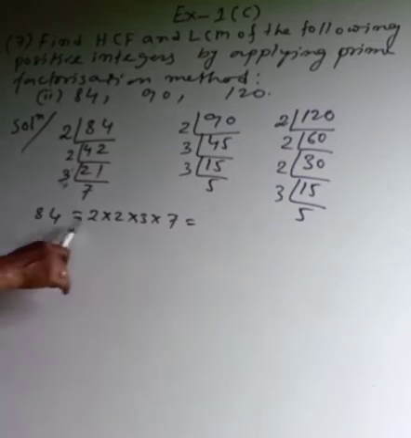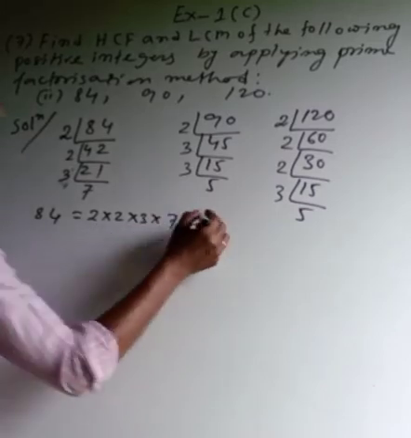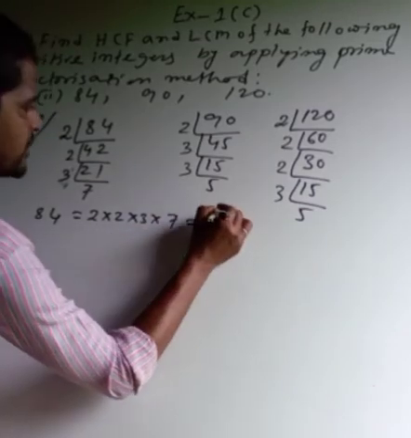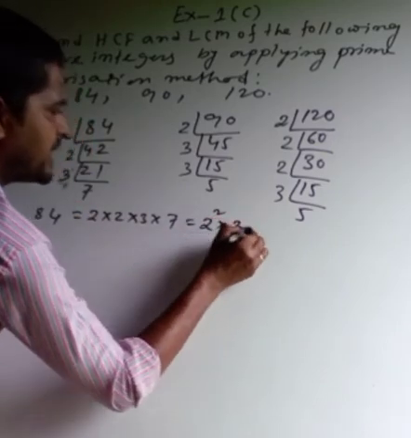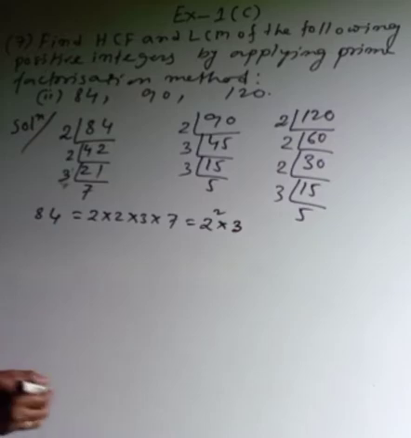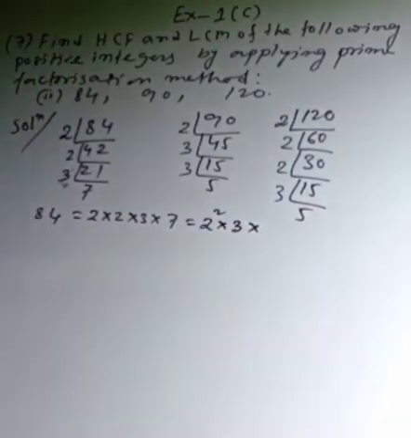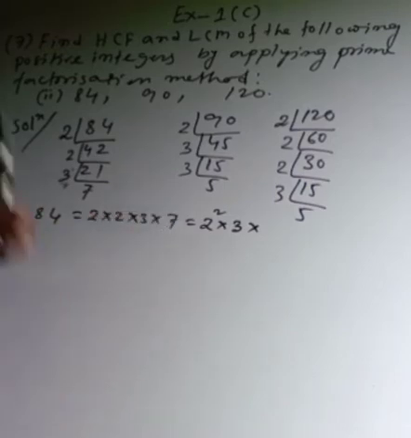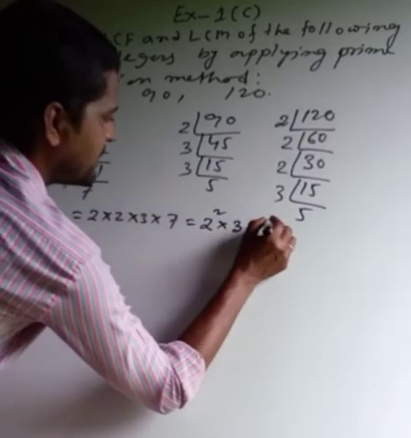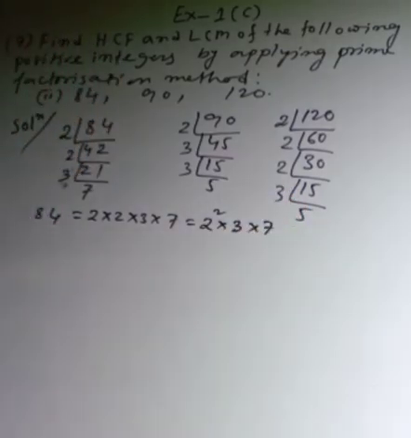From this expression, 2 how many times? 2 times, so we can write 2 square. 3 how many times? Single time. So we can write 3 to the power 1, or only 3. Similarly 7 how many times? Only 1 time. So we can write 7 to the power 1, or only 7.